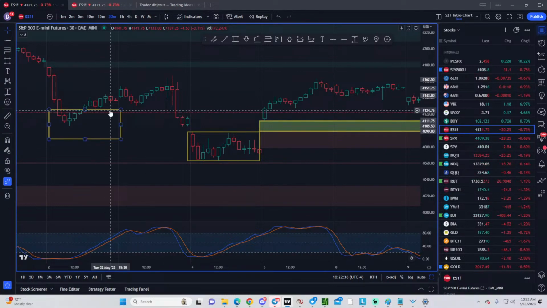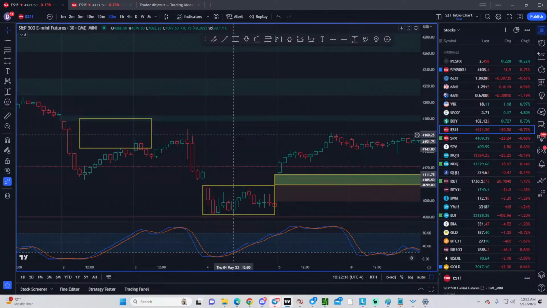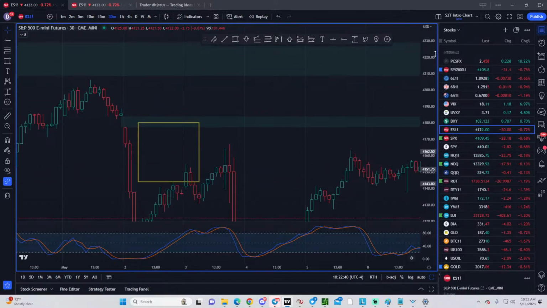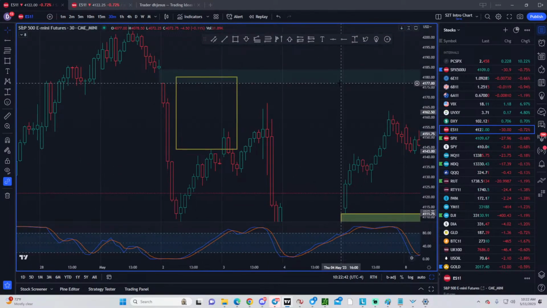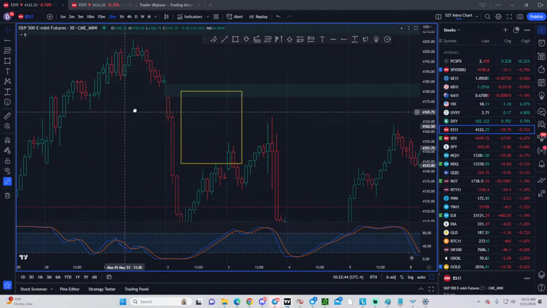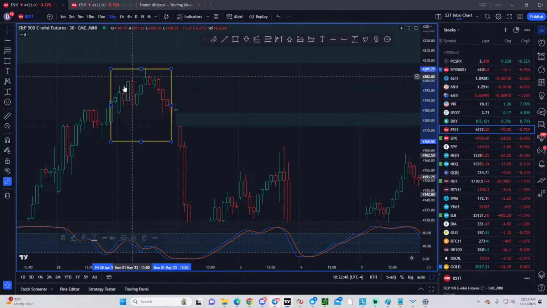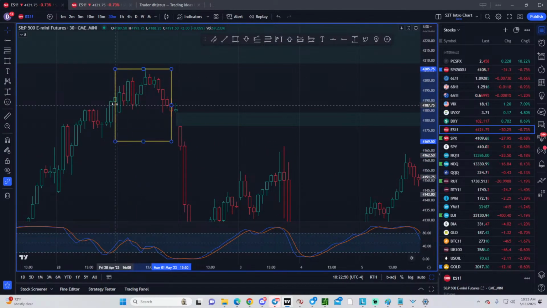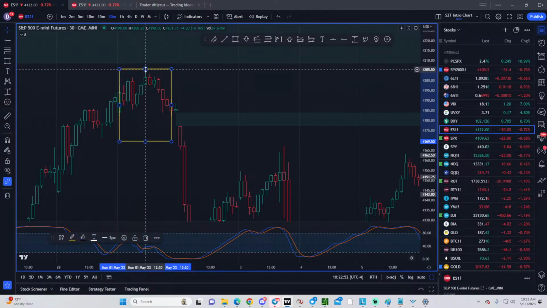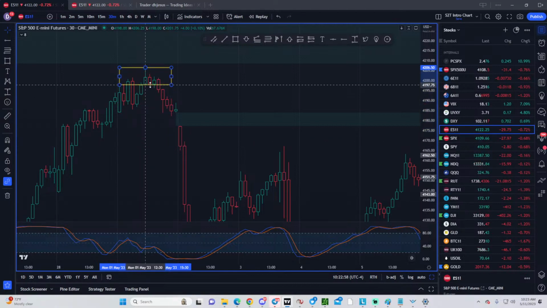And this is a true gap down. If you take a look at this session here, the low was made right here.